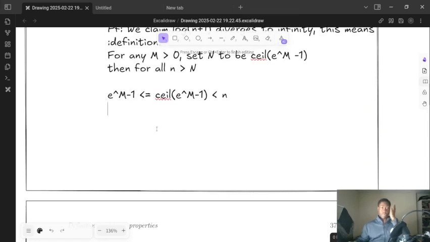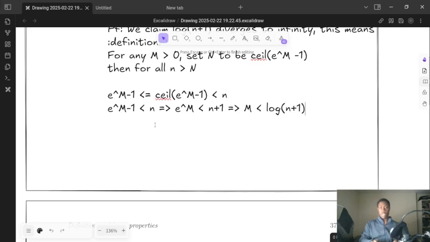Now, what can I do with that? Well, I can just reduce it to what we care about, which is this part. Then add 1 to both sides, e to the m less than n plus 1, and then finally just take the logarithm of both sides, which will give me m less than log of n plus 1, which holds for any m.